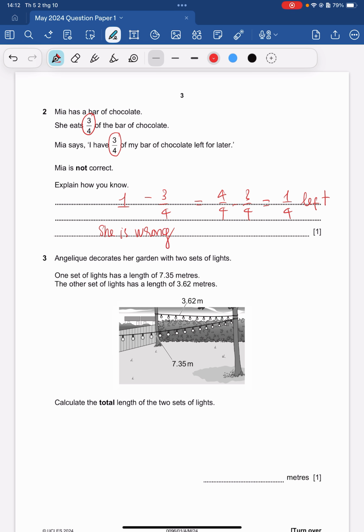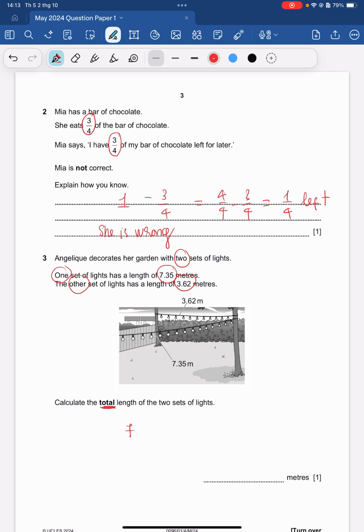Let's try exercise 3. She decorates her garden with 2 sets of lights. One set of lights has a length of 7.35 meters, and the other set has a length of 3.62 meters. Find the total length. Total means we add them together, right?